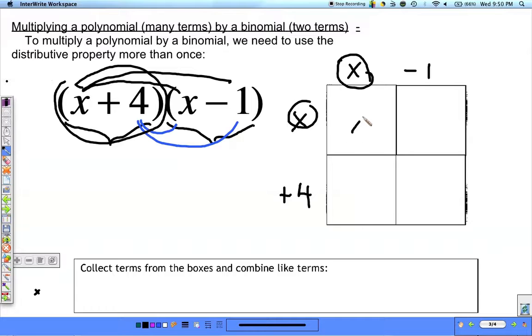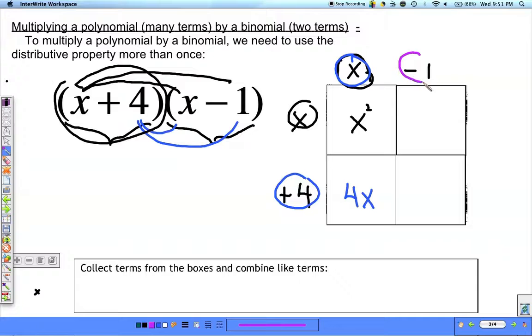So x times x is x squared. Then I'm going to multiply this x right here by the plus 4, and that's going to give me, of course, 4x. Then I want to go down the other column.